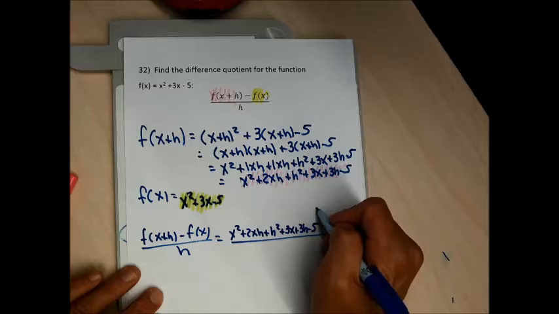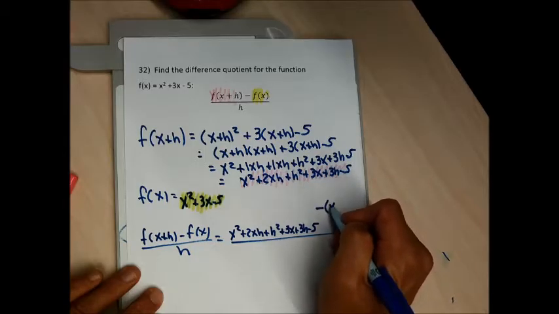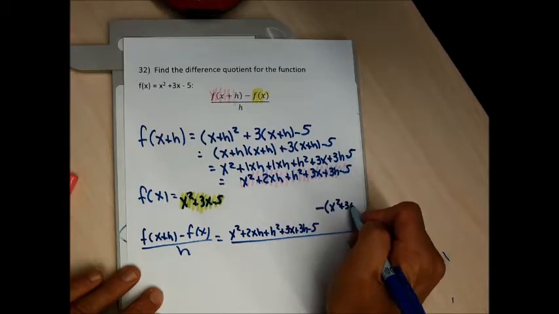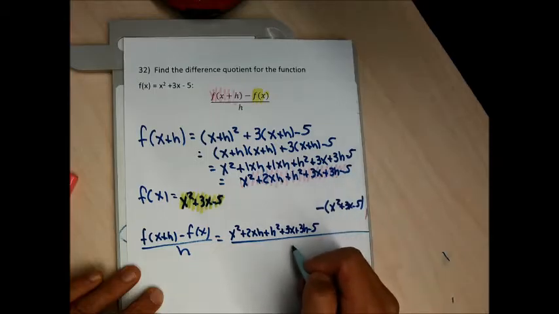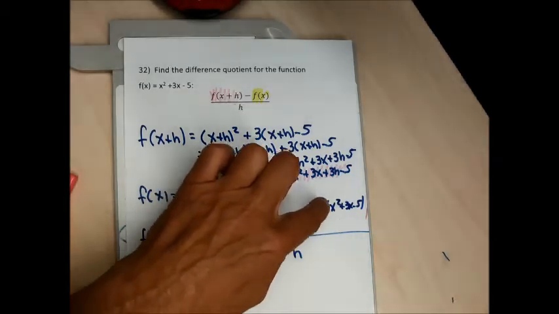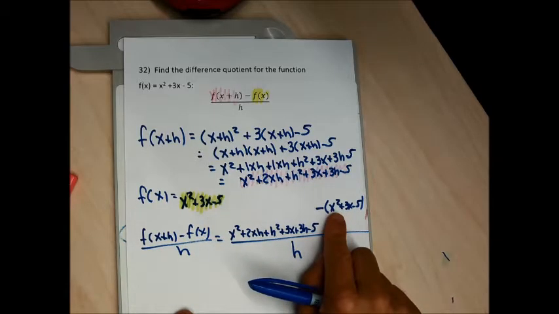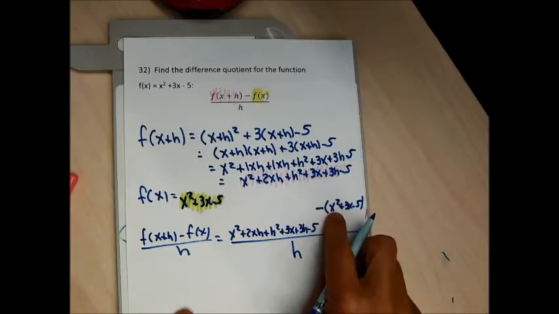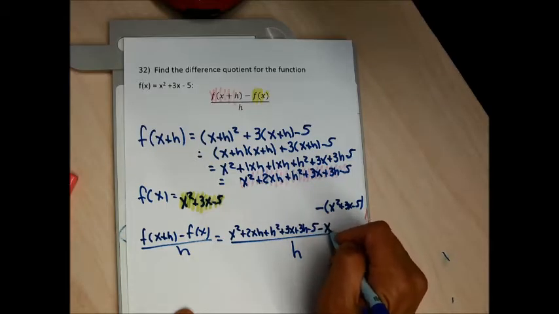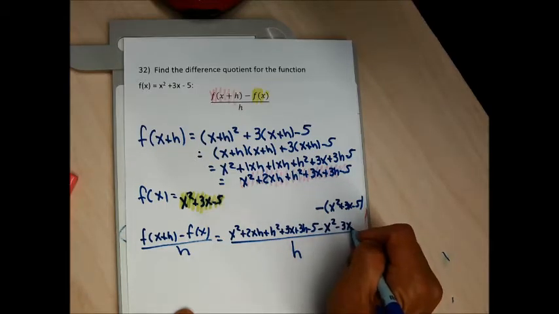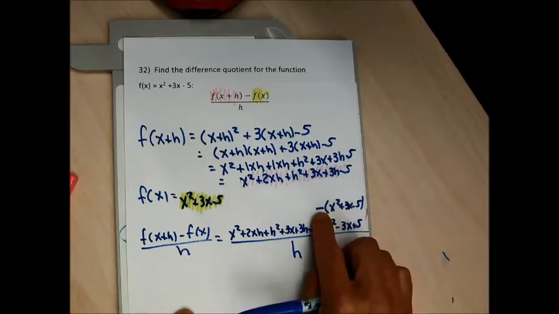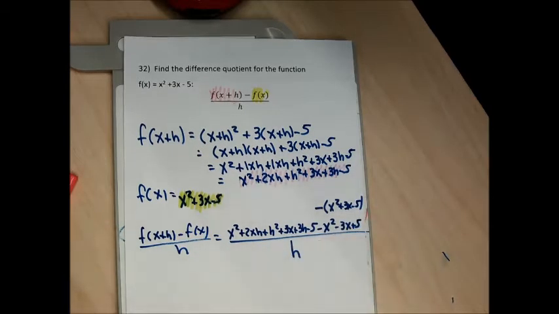And then I'm going to put a parentheses and then minus x squared plus 3x minus 5 all over h. Notice that I kind of wrote that high because I'm going to clear the parentheses to save a line of work. So after this should be that in a parentheses. When I clear that parentheses, I'll get minus x squared minus 3x and plus 5, because clearing a parentheses caused me to switch signs.